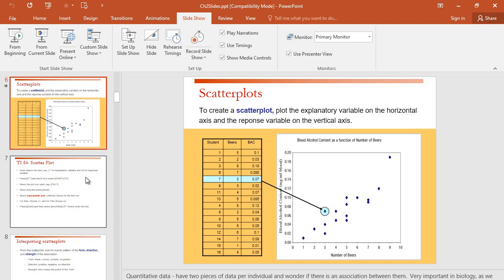That is, in this example here, we see that the overall pattern looks like a straight line, and the overall pattern also is a positive relationship, because as the number of beers increases, so does the blood alcohol level. So the two variables tend to increase together here.